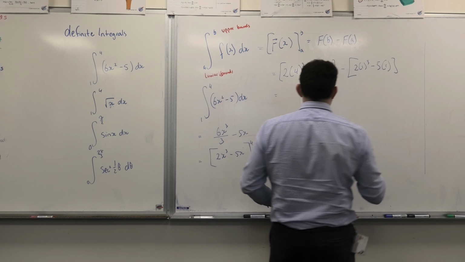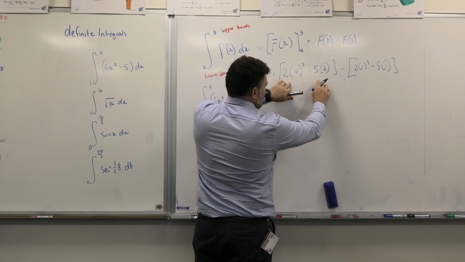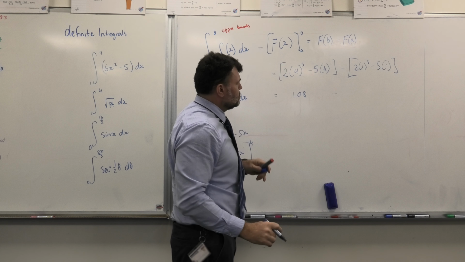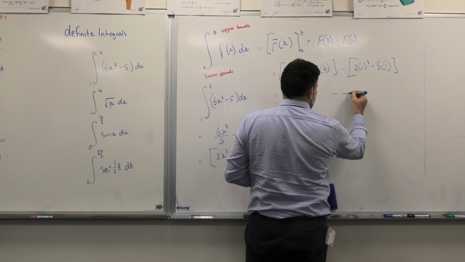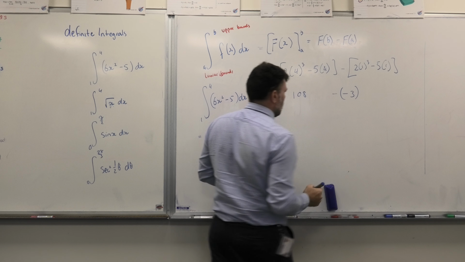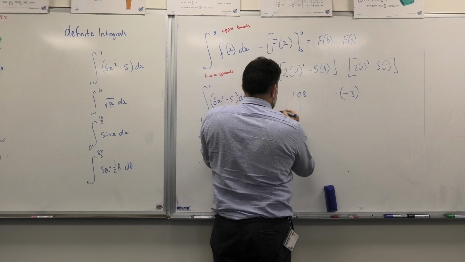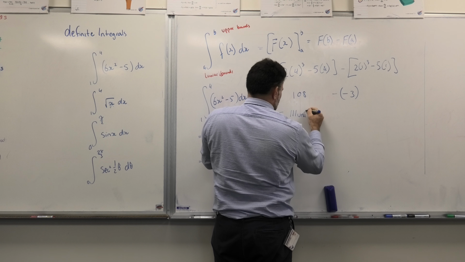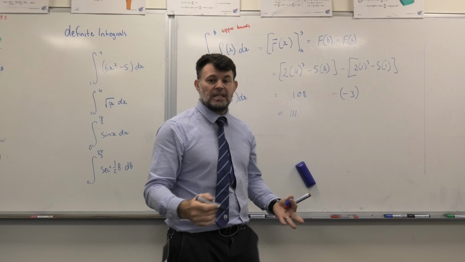If we work all this out, we get 128 minus 20, which gives me 108, minus the second bracket, 2 minus 5, which gives minus 3. So 108 minus minus 3 is the same as adding, so we get 111. We won't say units, our answer is just 111 because we're not dealing with area.